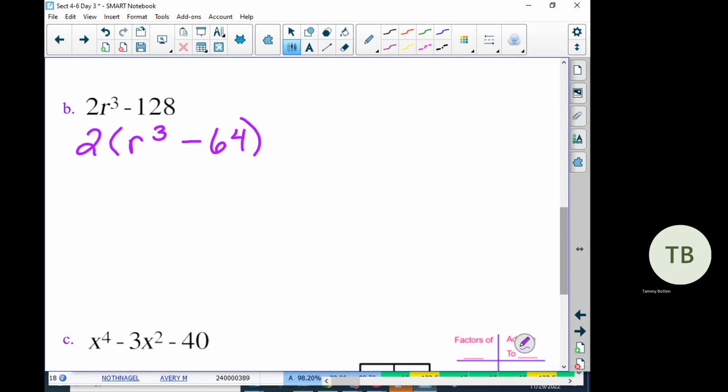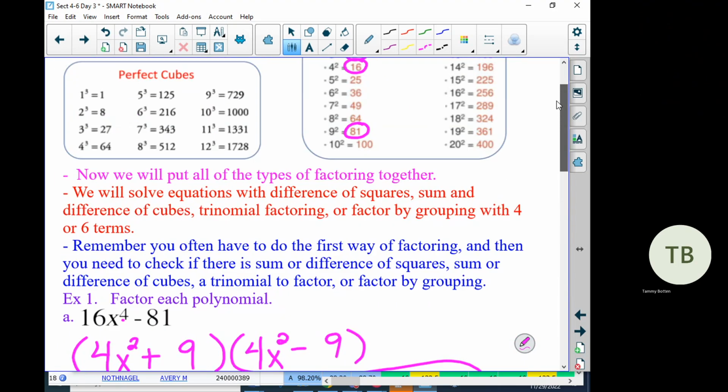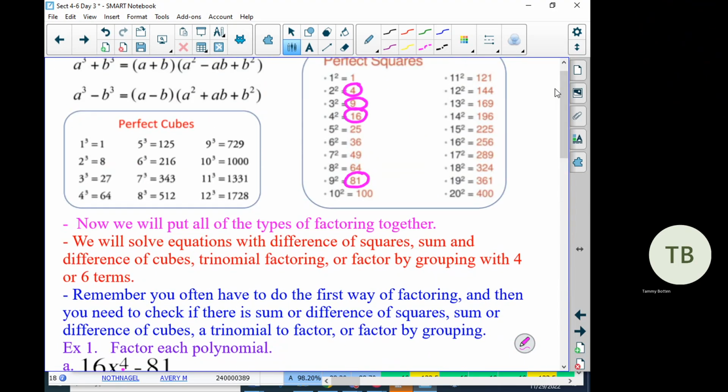Okay. So this one has a cube. When it has a cube, you're going to think of sum or difference of cubes, and this has a minus sign, so it's difference of cubes. When I do difference of cubes, if you don't know 64 is a cube, you want to check, and it is.